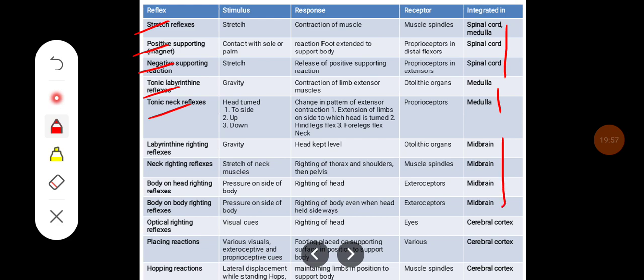And optic righting reflexes, placing reaction and hopping reactions are integrated mainly at the cerebral cortex. So the decorticate animal will not have these postural reflexes. So this is in brief about the postural reflexes. Thank you.